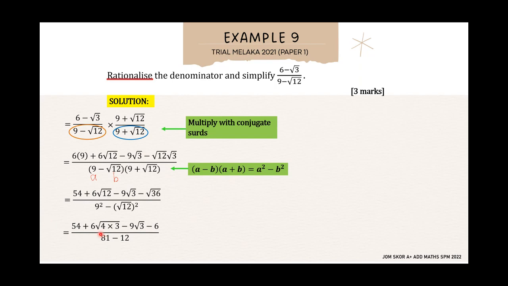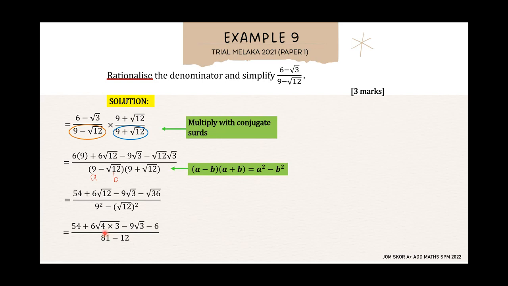54 plus 6. 4 times 3 ni mana kita dapat? Daripada 12 tadi. Kita ada surd 12 kan? Kita ubah kepada surd 4 times 3. Kita nak simplify. Okay. Dan cara nak simplify yang terbaik adalah you cari perfect square. Nilai perfect square yang bila you darabkan dengan satu nilai yang lain, dia akan dapat balik surd tadi. Contoh dalam kes ini, 4 adalah perfect square.